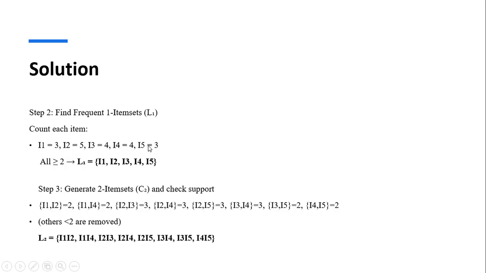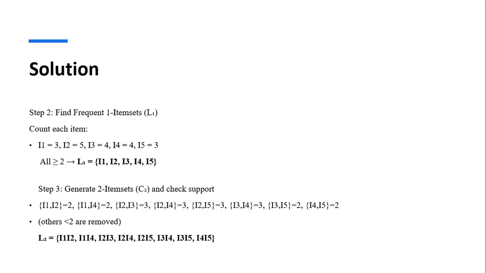Sometimes the item names will be given to you like milk or butter or cheese, or sometimes the item names are not given, they are represented using numbers like I1, I2, I3, I4, I5. So over here we have to count I1 is present in how many transactions, I2 is present in how many transactions. That is step 2.